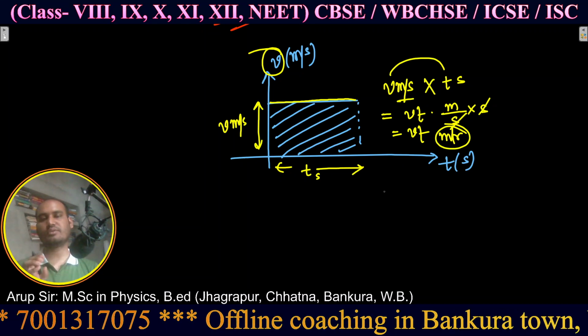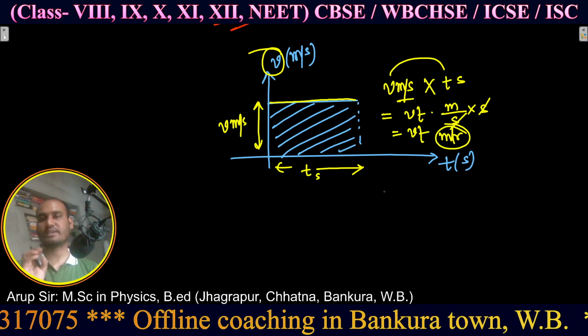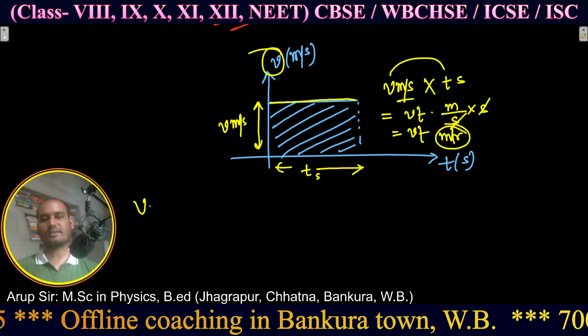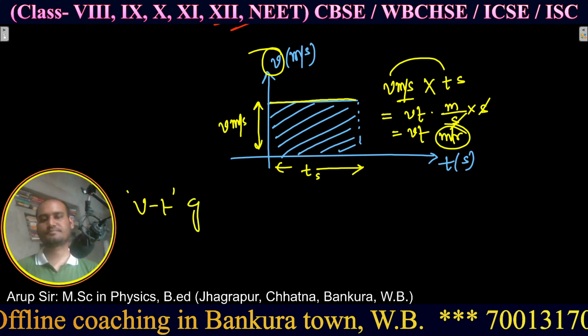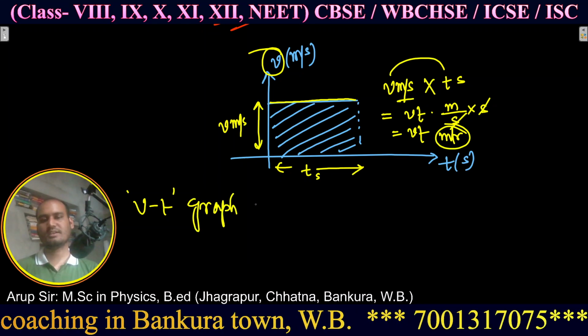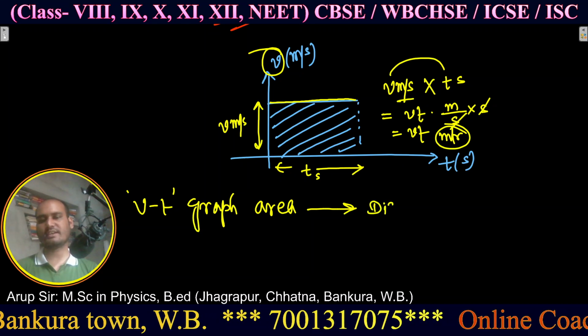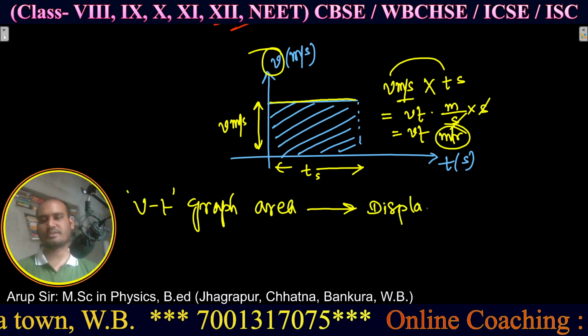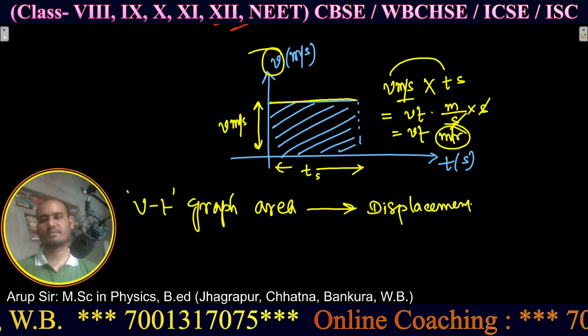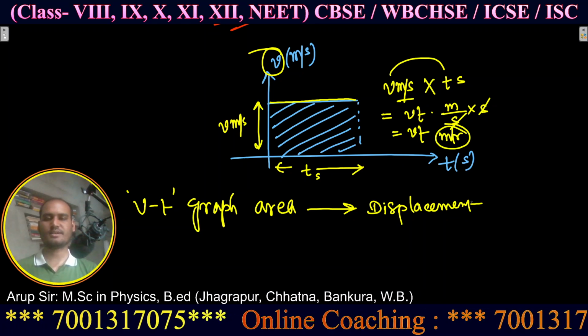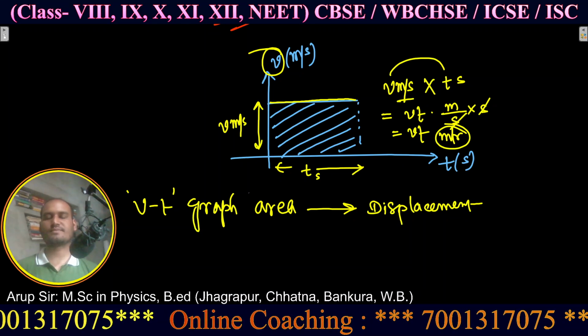We can calculate displacement from the vt graph, the velocity time graph, and for a vt graph, its area gives us the concept about displacement. So the area of a vt graph gives us displacement.